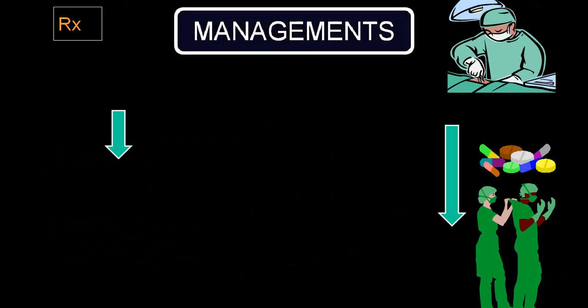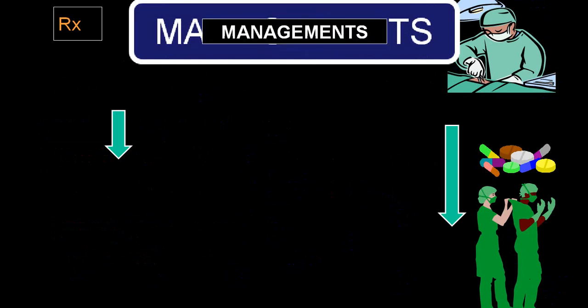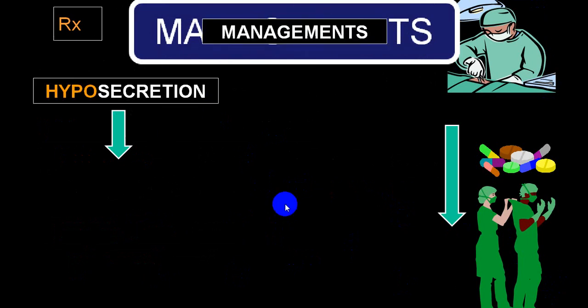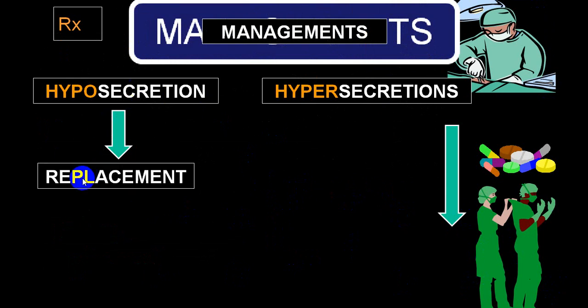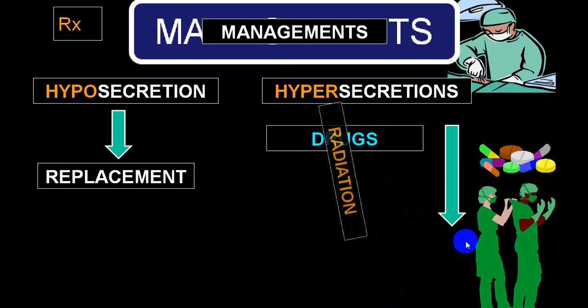Management wise, we have already shown you in general aspects. If there is hyposecretion, replacement therapy is always one part of it, and in hypersecretion, drugs to block the secretions or to block the action of that particular hormone which is hypersecreted.